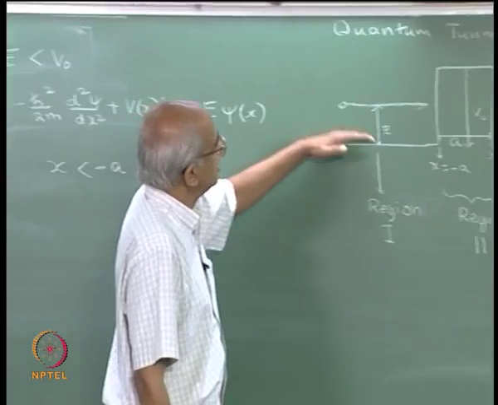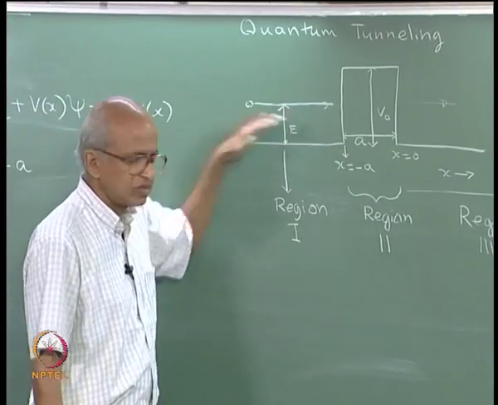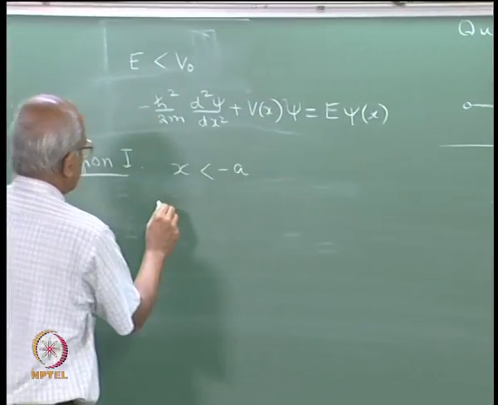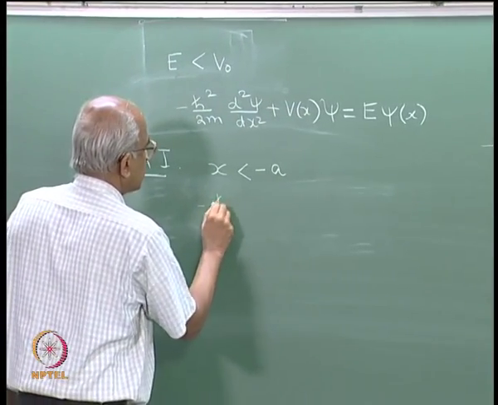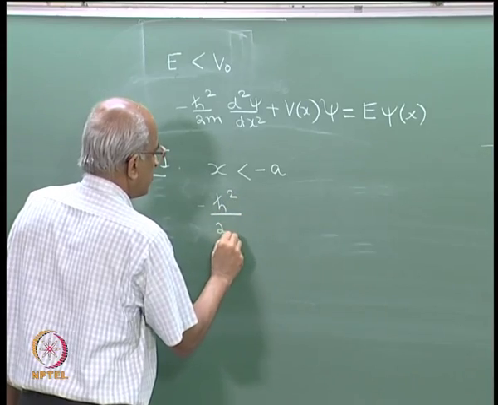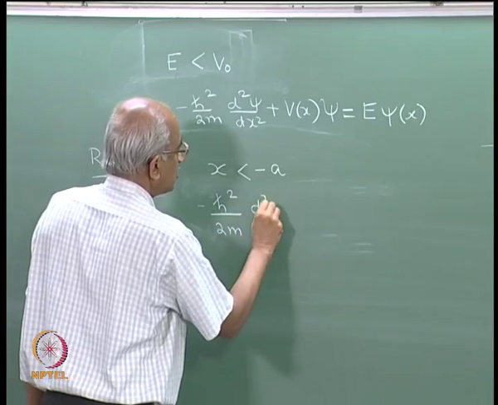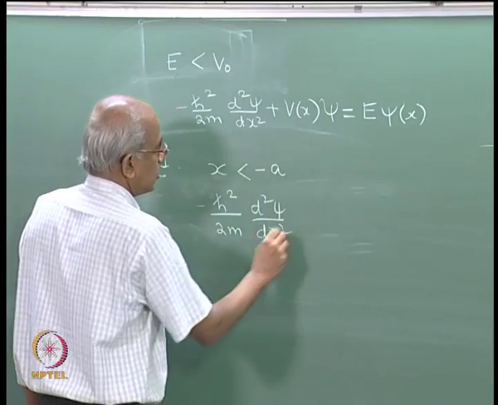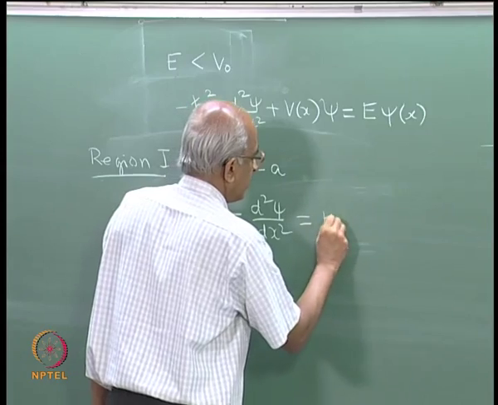The potential energy is taken to be 0 and it is flat, the potential energy is 0 everywhere. So, therefore, this Schrodinger equation will become minus h cross square divided by 2m d square psi by dx square, and since the potential energy is 0, this is equal to E psi.